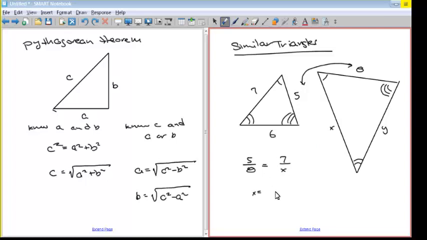So then you could solve for X. If you cross multiply, you'll get 56 is equal to 5x, since 8 times 7 is 56. Then you divide by 5, you get 56 over 5.